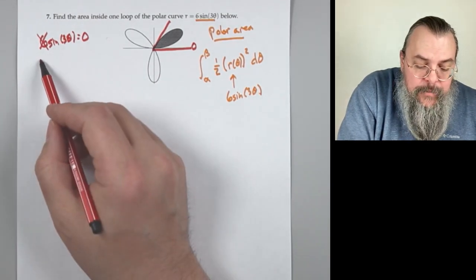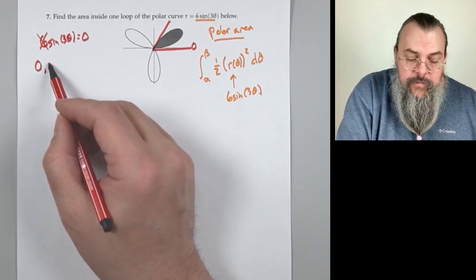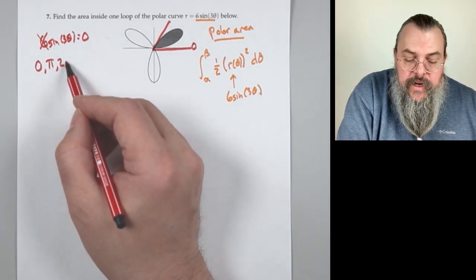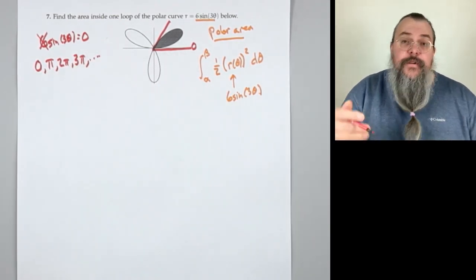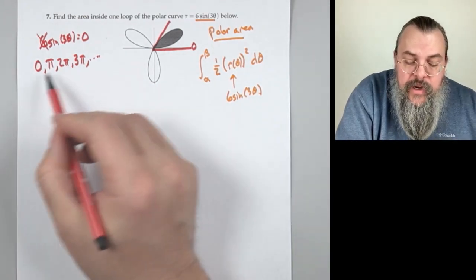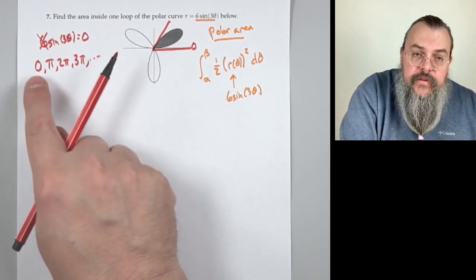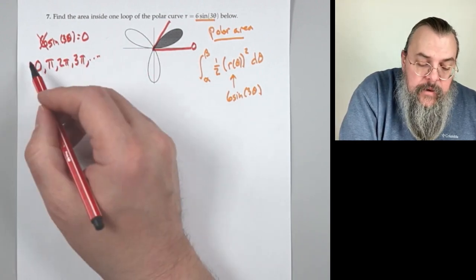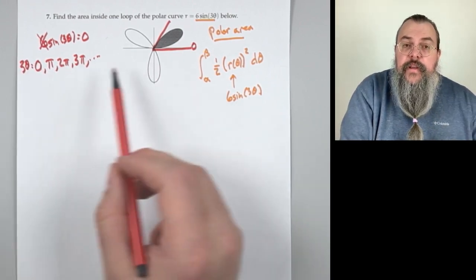Now, the first time sine equals 0 is at 0. The next time is at pi, and then at 2 pi. It turns out it's really the multiples of pi, right? And of course, we could go negative, but we don't need to. So that's when sine equals 0. So we want what we plug in to be 0, pi, 2 pi, or 3 pi. So we want 3 theta to be one of these.